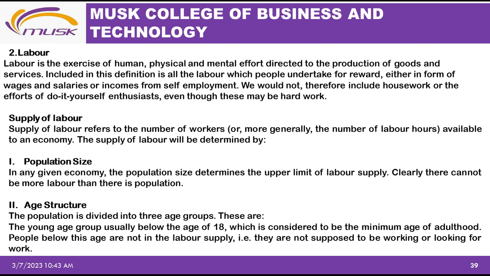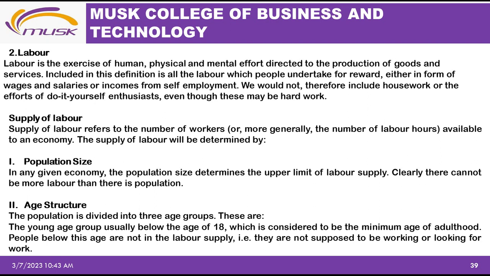So we have the young age group, which is below 18. As per law, those are defined as minors. So we may not necessarily count them as labor because they are deemed to be people that are schooling, for example. So people below this age are not in the labor supply.